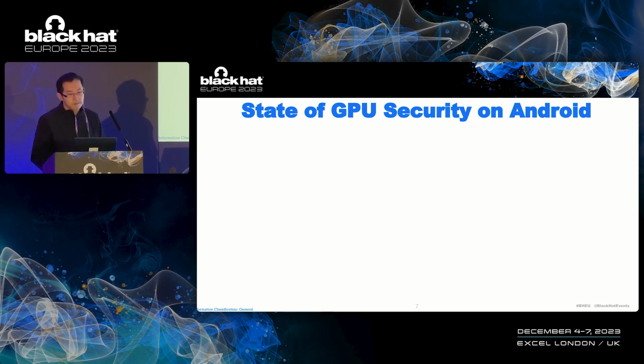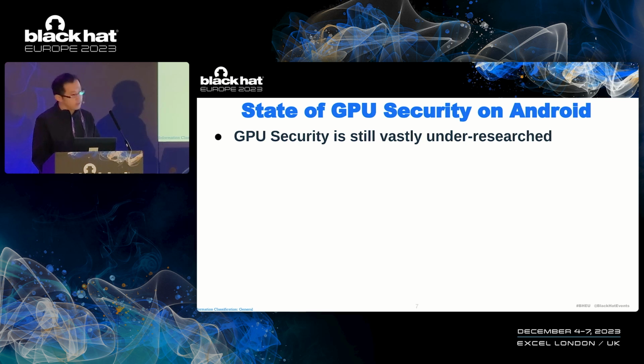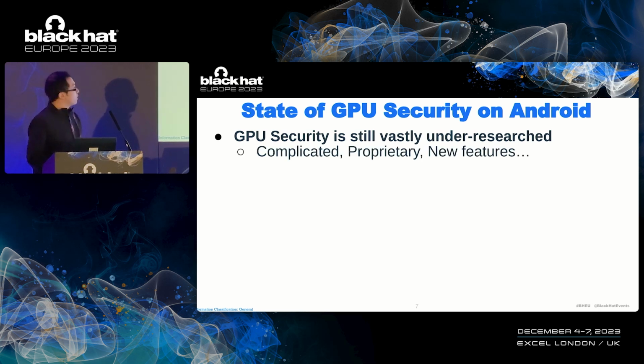From our point of view, we believe that GPU security on Android is still vastly under-researched. There might be a lot of reasons behind that. For example, the GPU code could be quite arcane to understand. The GPU commands and instructions are proprietary, and developers always love to introduce more GPU features, and sometimes they rewrite GPU drivers.